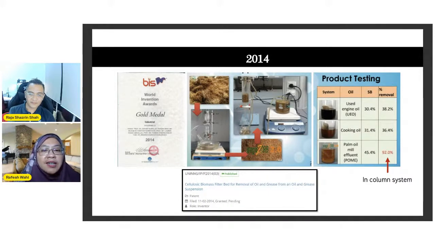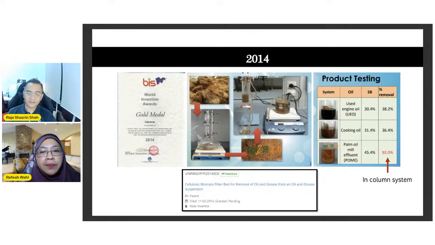Aside from having two patents from this research, we have also won several innovation exhibitions, at UNIMAS level, national level, and also the British Invention Expo, where we won a gold medal.